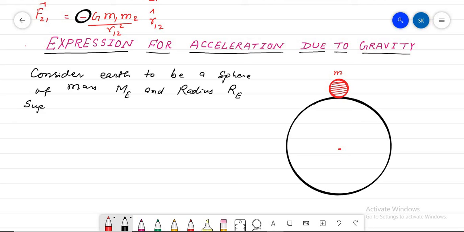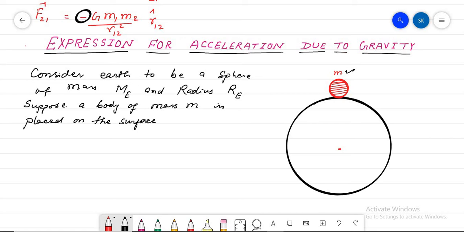Suppose a body of mass small m is placed on the surface of the earth, as shown in this figure.